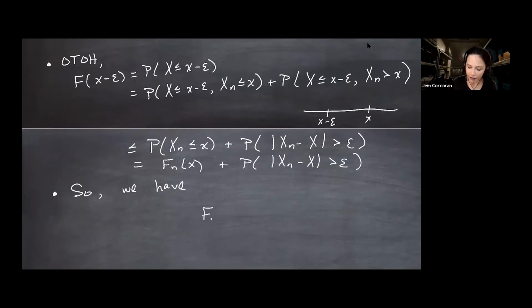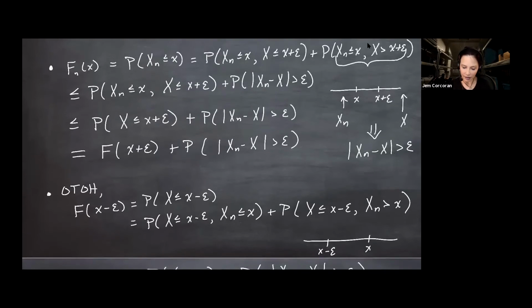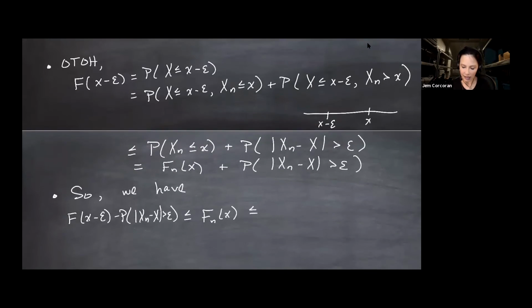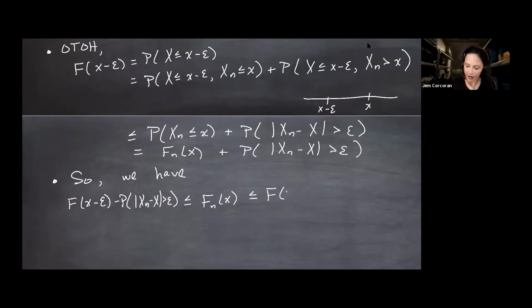So I have f_n(x) is greater than or equal to F(x) minus epsilon minus the probability |X_n minus X| is greater than epsilon, and less than or equal to, sorry, I have to scroll back, F(x) plus epsilon plus the probability |X_n minus X| is greater than epsilon.